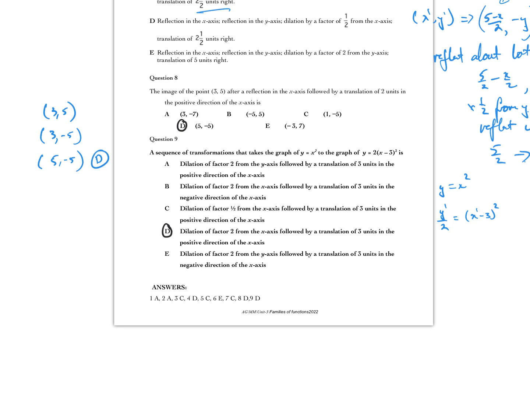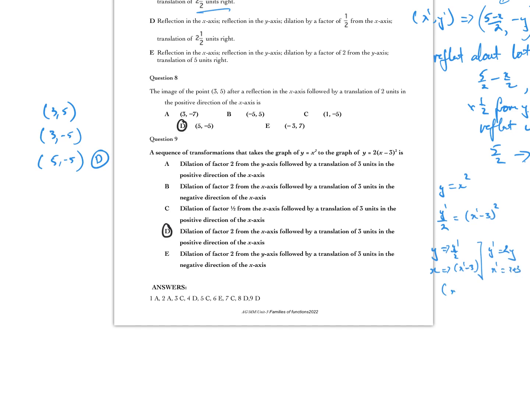Yeah, old equation, new equation, so now I'm just going to equate. y is equivalent to y dashed on 2. x is equivalent to x dashed minus 3. All right, so now if I rearrange, I'll get y dashed is equal to 2y. x dashed is equal to x plus 3.